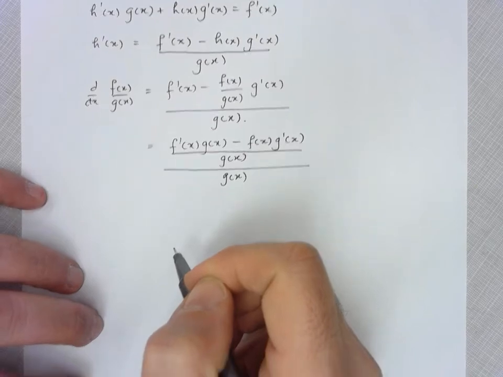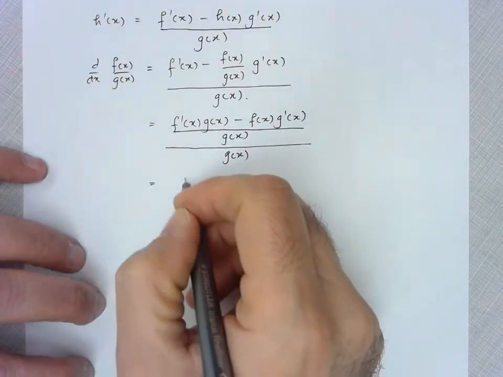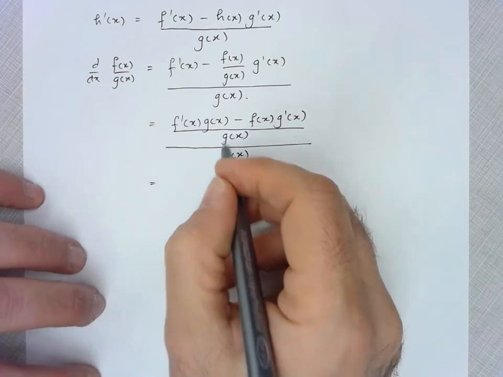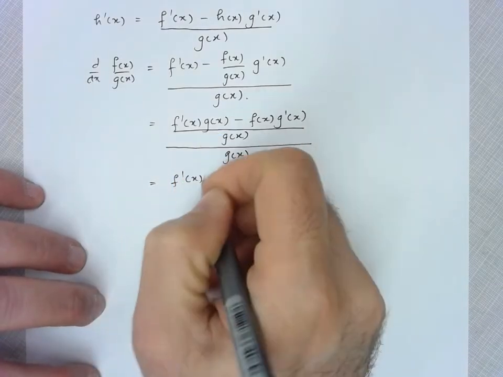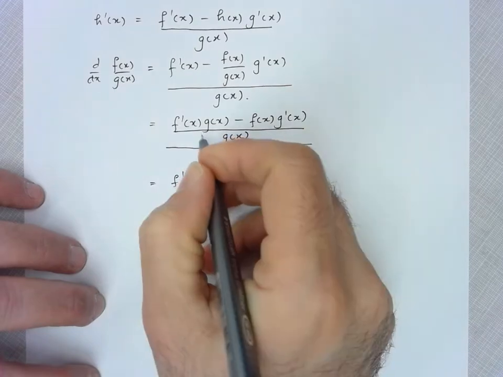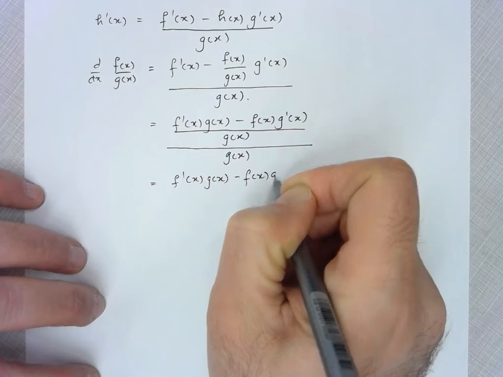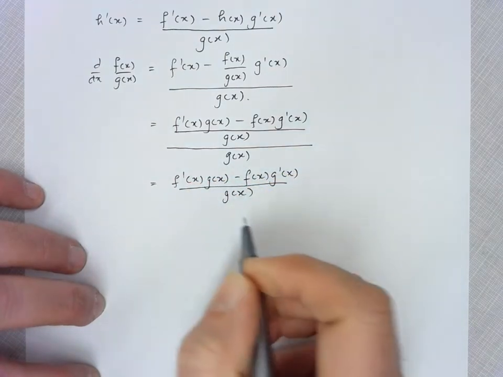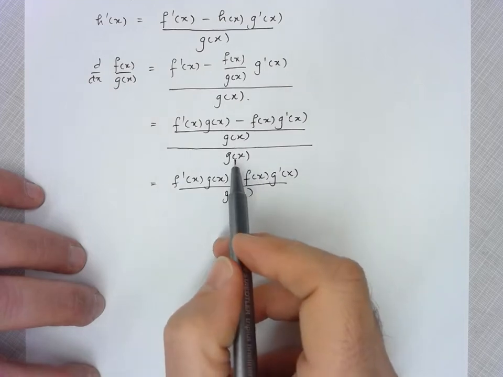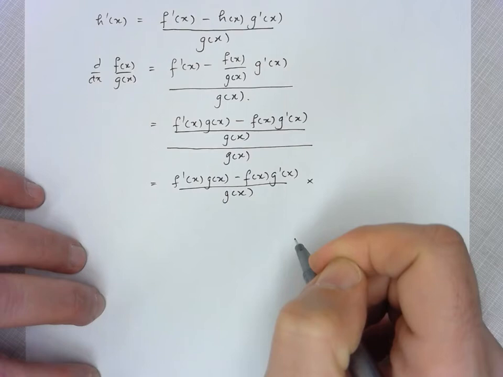But this can be simplified even more. So here I'll show all the steps, even though I think a lot of you are going to see what's going to happen here. If I take this numerator, which is this whole expression, and I'm dividing this by g of x, remember, when we divide fractions, that's the same as multiplying by the reciprocal.